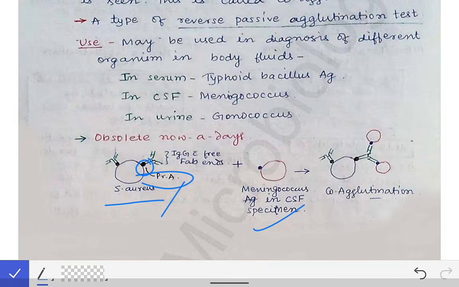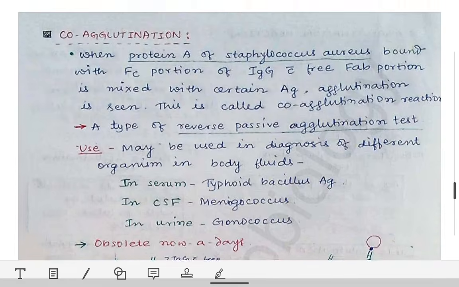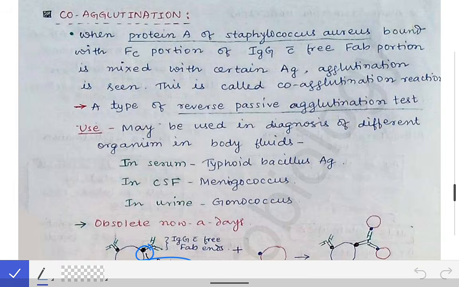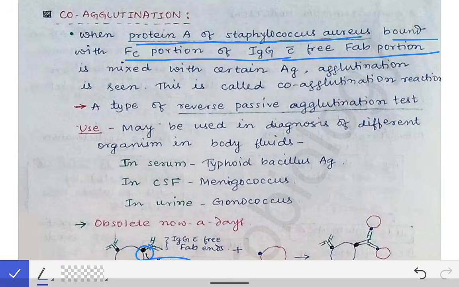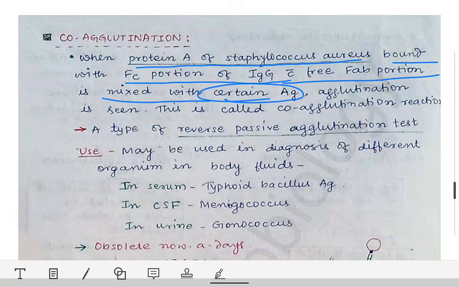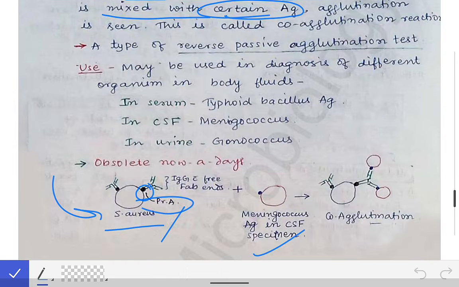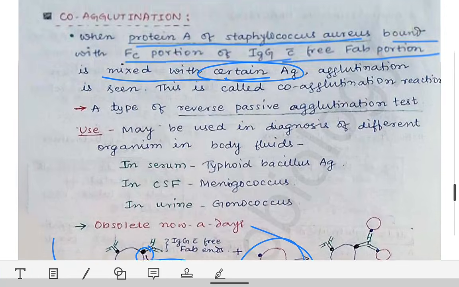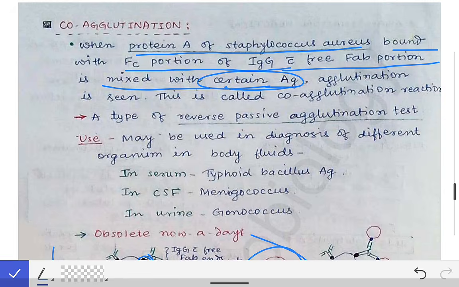Co-agglutination is when the protein A of Staphylococcus aureus, which is bound with the Fc portion of IgG with free Fab portion, is mixed with a certain antigen, here the meningococcal antigen in the CSF. When it binds to the antigen, agglutination is seen.